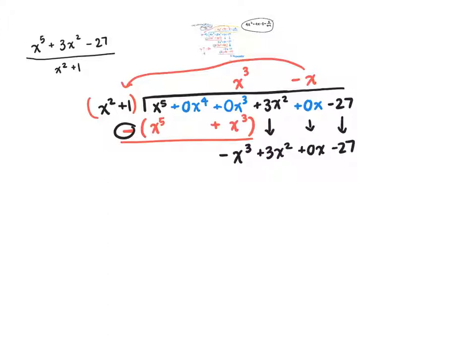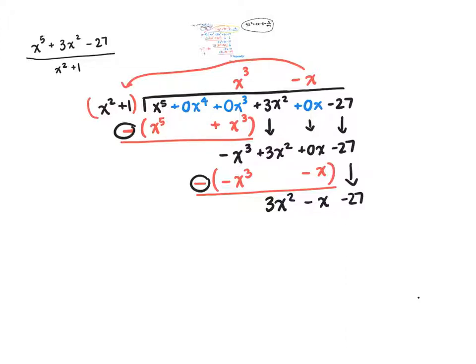And we get negative x cubed. Negative x times 1 is negative x. And we're subtracting it. So negative x cubed plus, remember this negative distributes, so that's a plus x cubed is 0. 3x squared minus nothing, we still get 3x squared. And then 0x minus x is negative x. And we drop down negative 27.